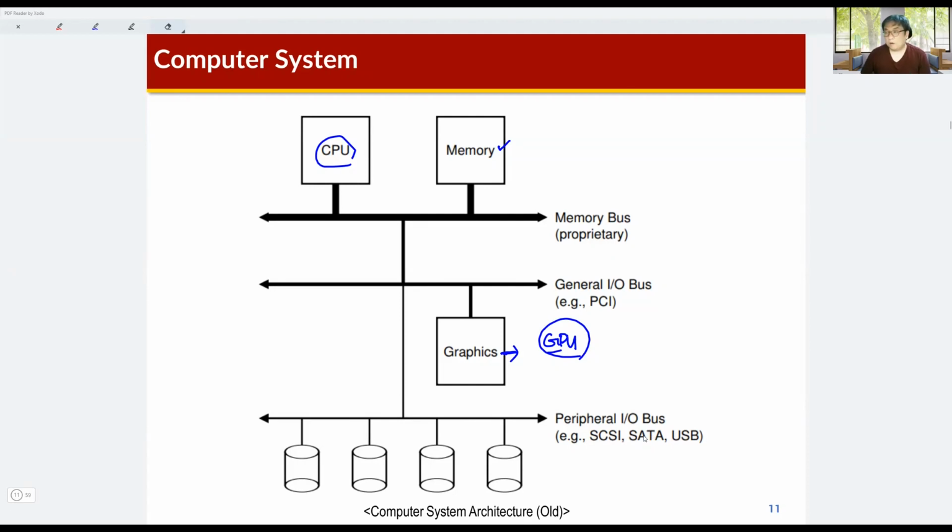Can you find this in this figure? This figure shows the topology of the old computer system architecture.